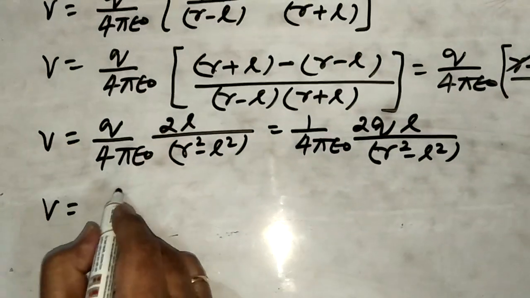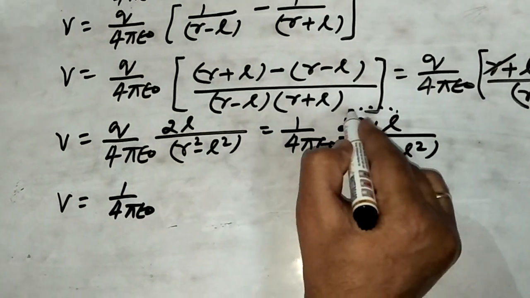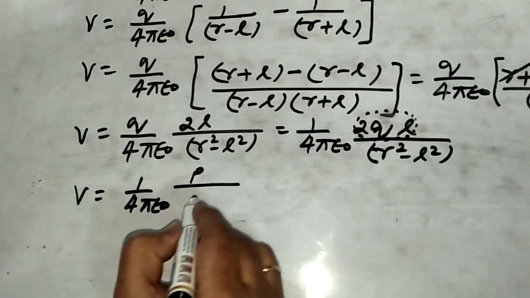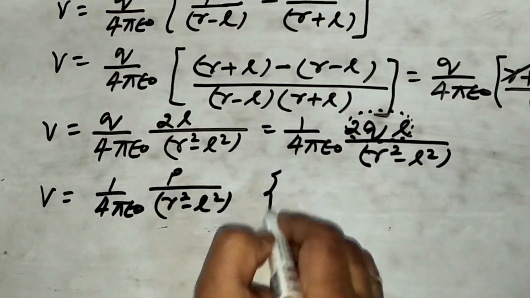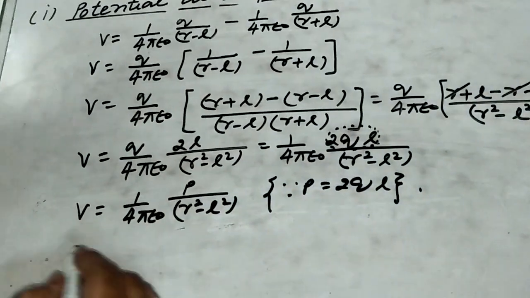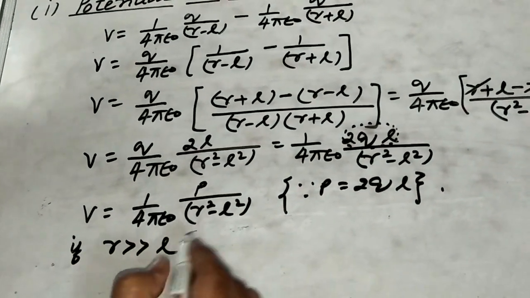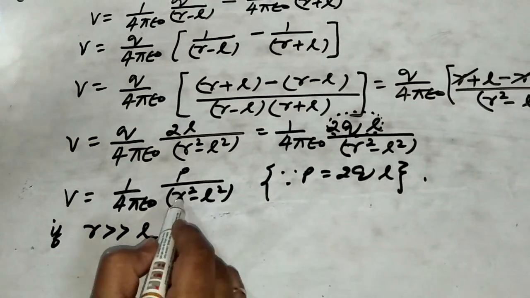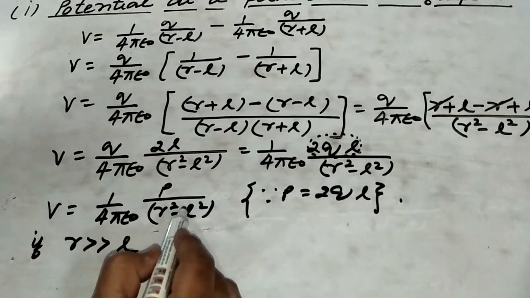And then you can say V is equal to 1 upon 4 pi epsilon naught. In place of 2ql, you can write the electric dipole moment, which is denoted by p, upon r square minus l square, since p is equal to 2ql. And if r is greater than l, it means if the distance r is very large in comparison to l, then in place of r square minus l square you can write only r square, and l square can be ignored.